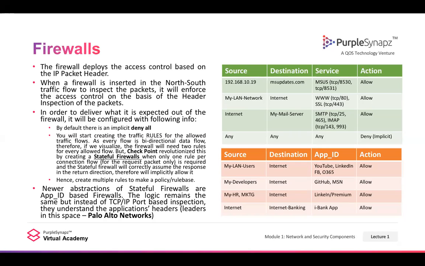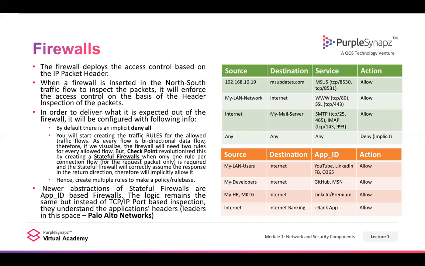Lastly, imagine I am a small fintech company, and I have some internet banking being hosted at my website inside my data center. I have created an iBank app, which is for both Android as well as iOS, a common iBank app.